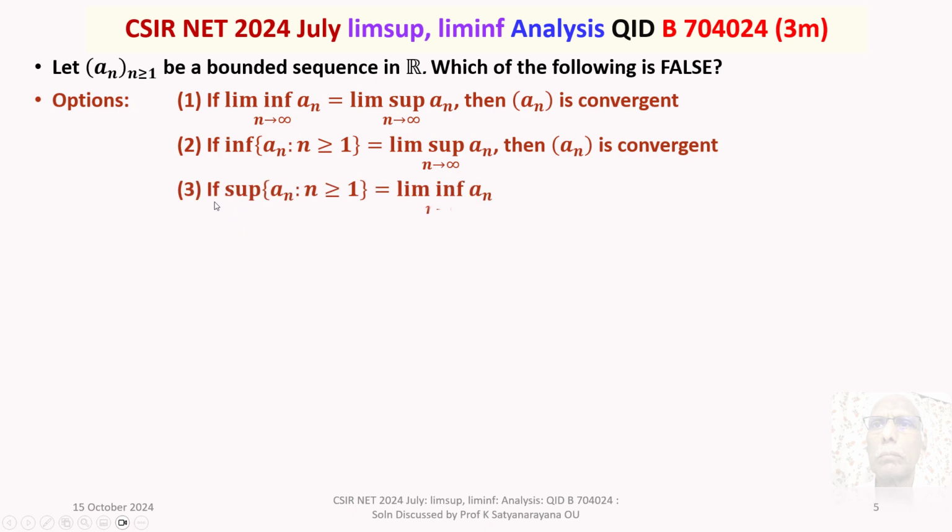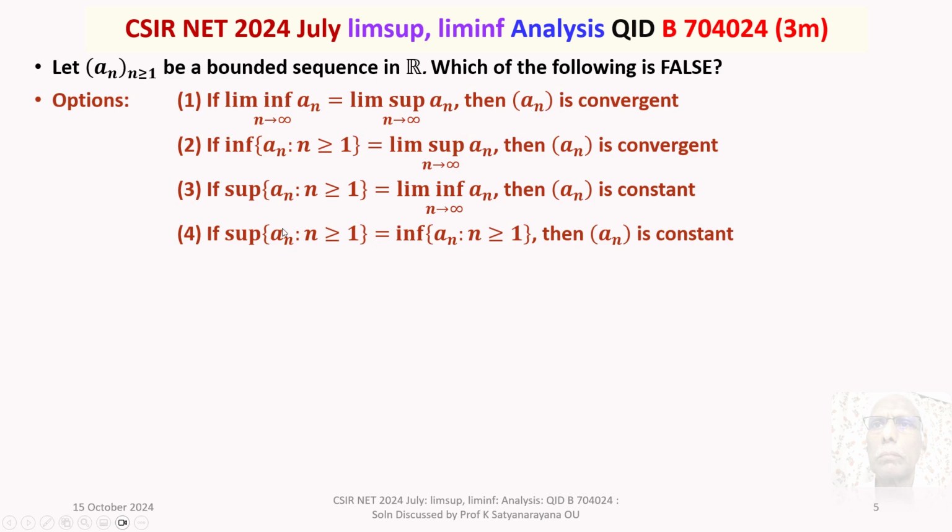Option 3: if supremum of the set {a_n : n greater than or equal to 1} is equal to limit inferior of a_n, then the sequence a_n is a constant sequence. Option 4: if supremum of the set {a_n : n greater than or equal to 1} is equal to infimum of the set {a_n : n greater than or equal to 1}, then the sequence a_n is constant.